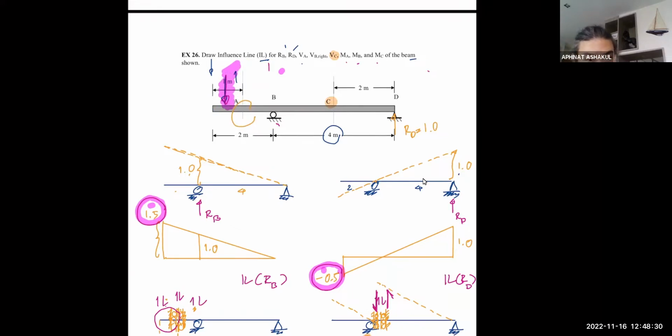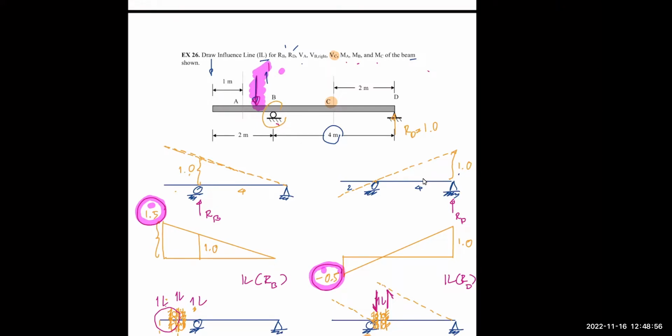Essentially, there is moment at A. But when I keep moving this unit load and it goes beyond point A, just look at point A itself. Is there any moment at point A at all, because there's no load on the left side? No. The unit load is now gone away.